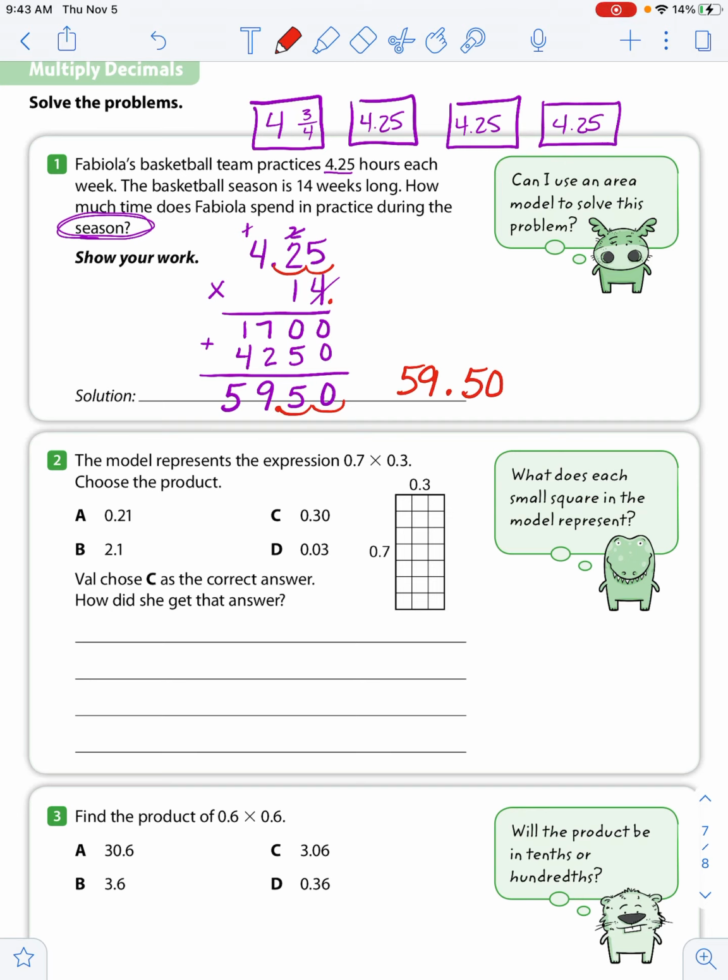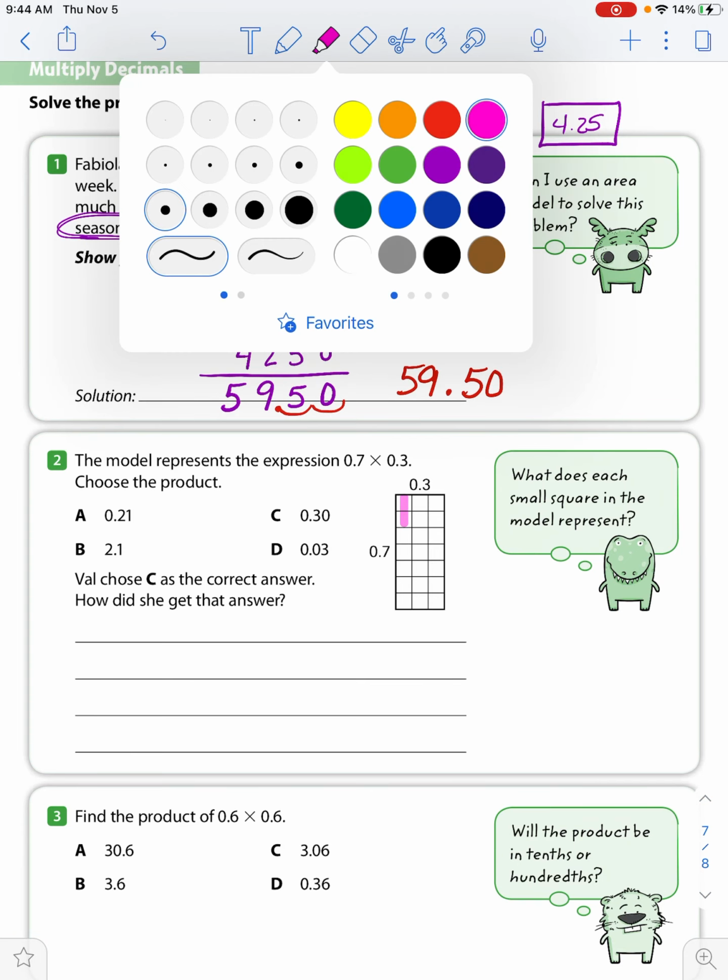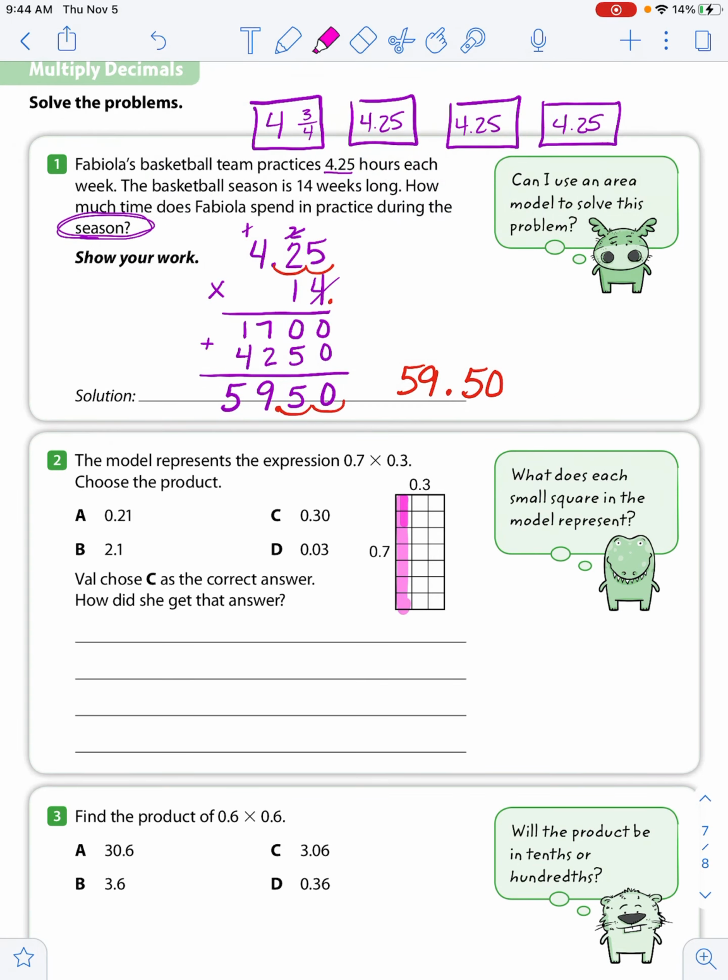All right, number 2. The model represents the expression 7/10 times 3/10. Choose the product. All right, so we've got 7/10 times 3/10. So what I see here is 3/10. Oh, let me make that a little bit wider. Colors in nicely. 1, 2, 3/10, which is really not 3/10 because this is 7/10.